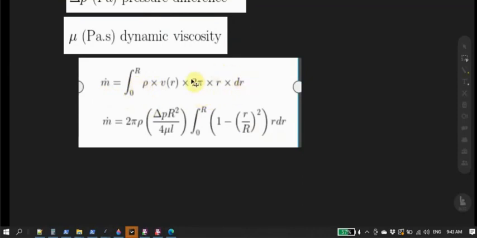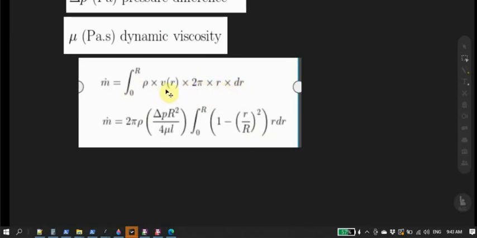So we have a point there, a very small, what you call it, a thin layer, a strip, along the radius location, and then we integrate it for 360 degrees, or 2 pi, so that this will give you the cross section area.